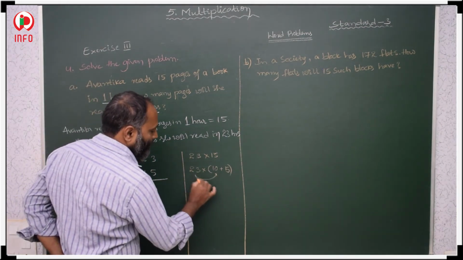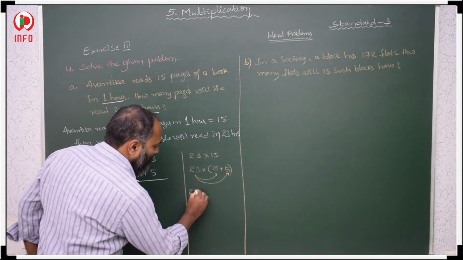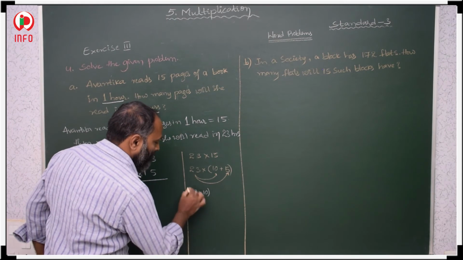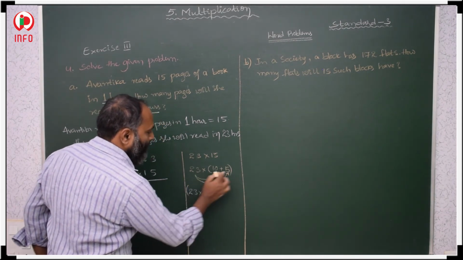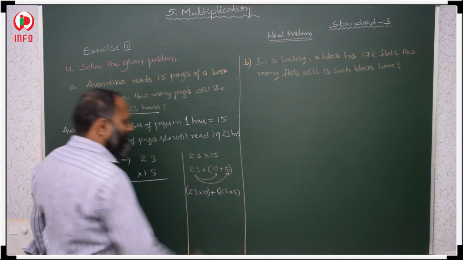According to our distributive law, 23 into 10 plus 23 into 5.